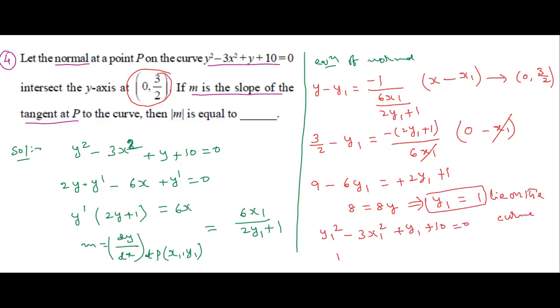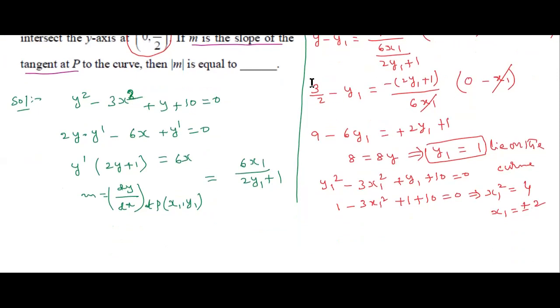Substitute here: 1 minus 3x1 square plus 1 plus 10 is equal to 0. By calculation, x1 square value is 4. Then x1 is equal to plus or minus 2.